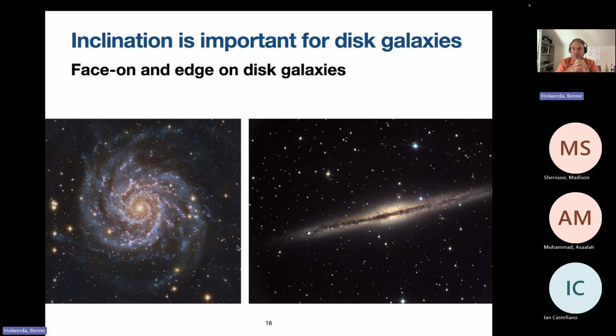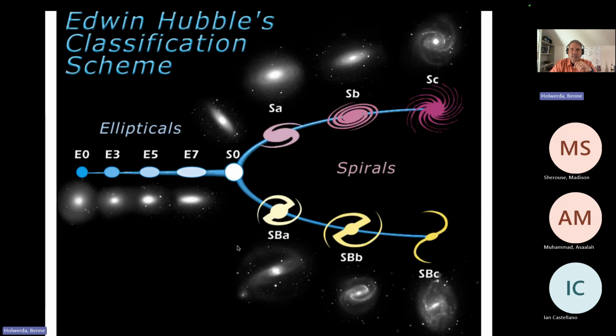That's the first thing they started noticing: hey, these galaxies are not perfectly transparent. There's stuff in there that blocks our light, and that's what I've been working on for most of my career. But that's the thing they started noticing, and then we go back to this classification scheme.